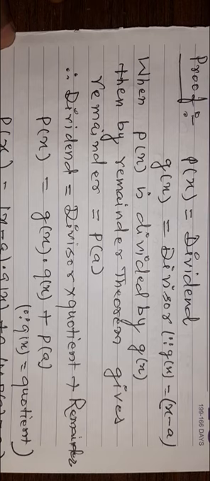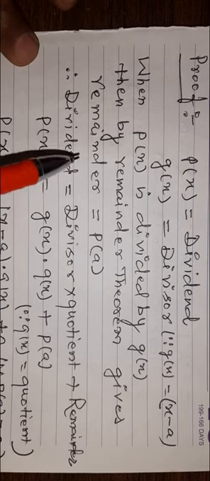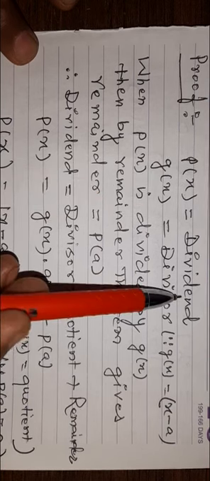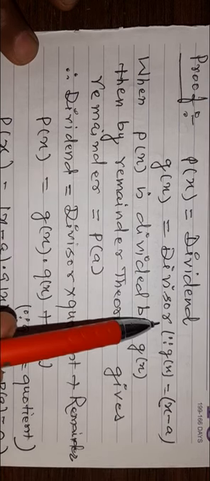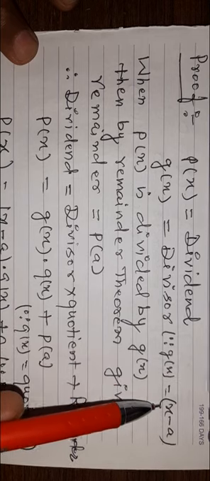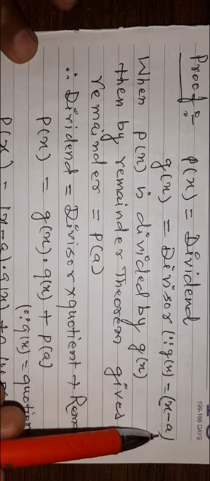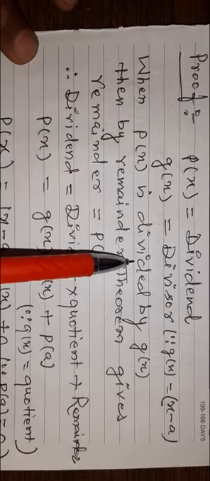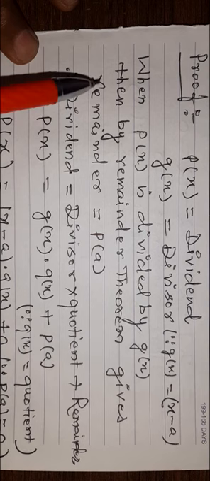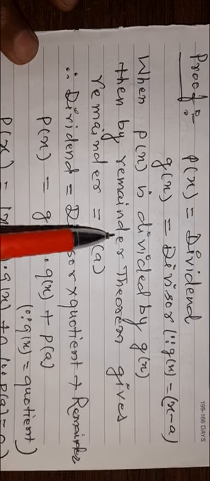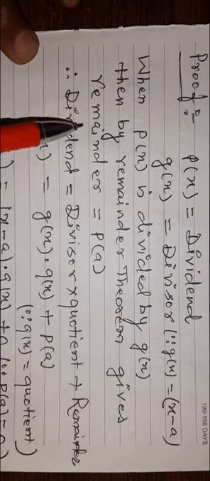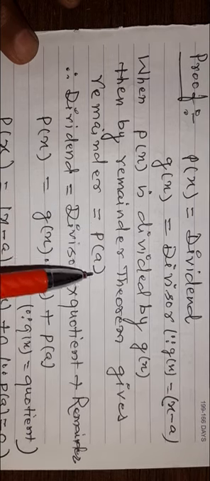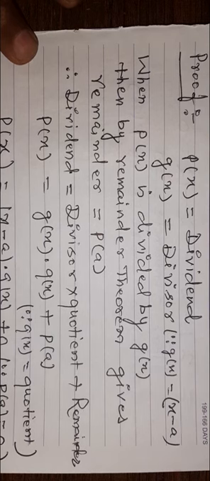Let us see how you can prove this theorem. According to the theorem, let p of x be the dividend and g of x the divisor, because g of x is given as x minus a, and this is a linear polynomial. When p of x is divided by g of x, by the remainder theorem the remainder is p of a. We have already studied it.